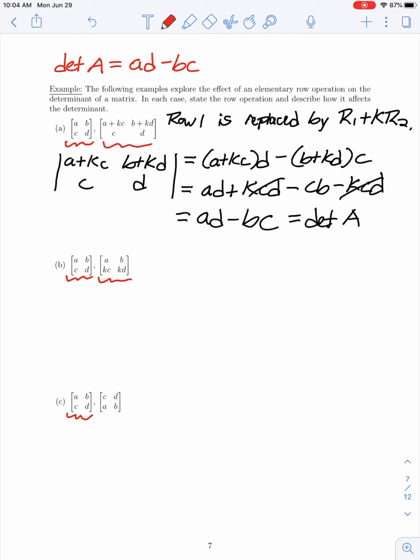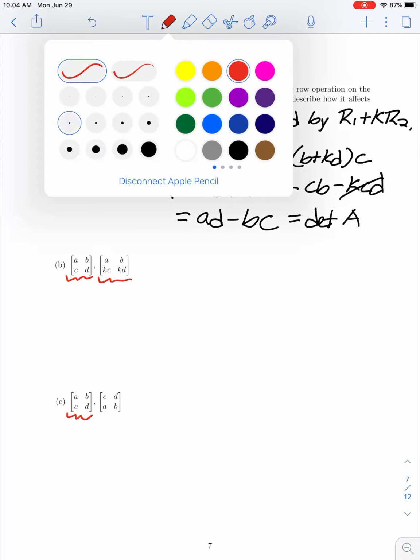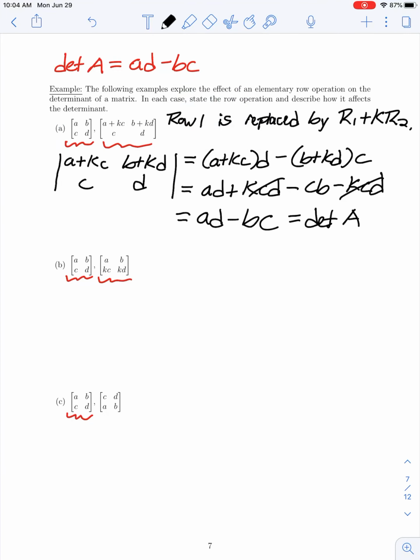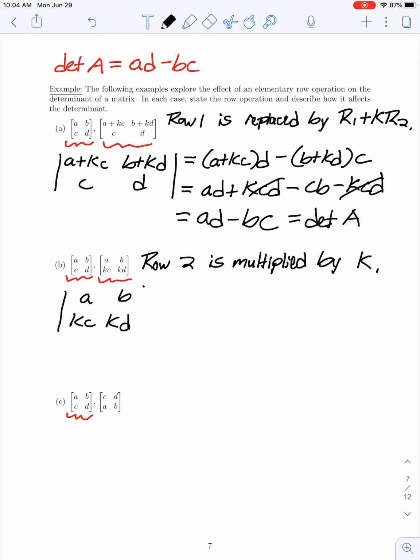So we can see that comes from the original matrix by multiplying the second row by K. So here the row operation we performed is that we took row 2 and we multiplied it by some scalar K. So let's see what we get for the determinant of that matrix, AB, KC, KD.